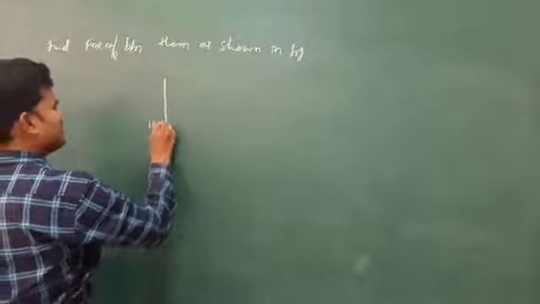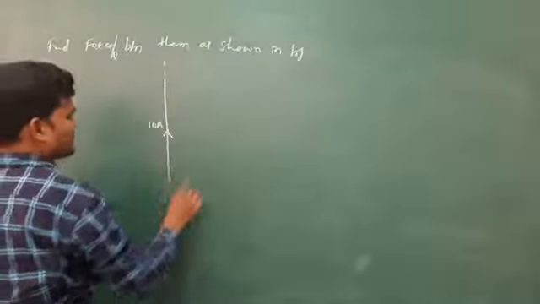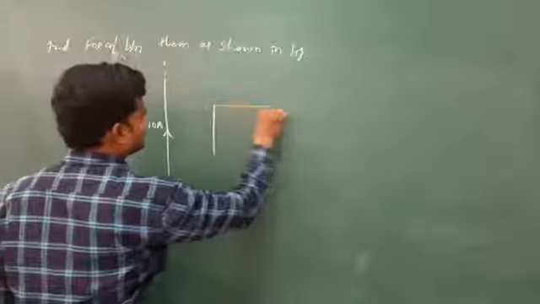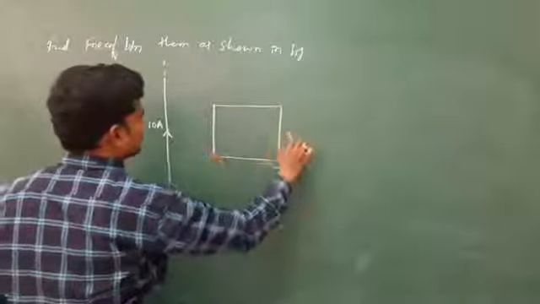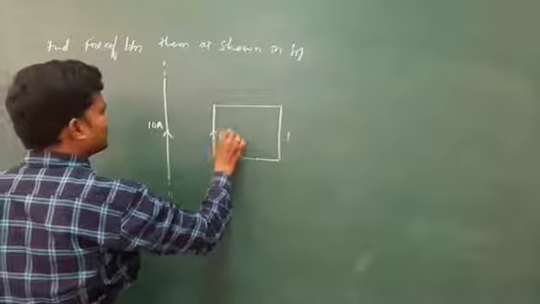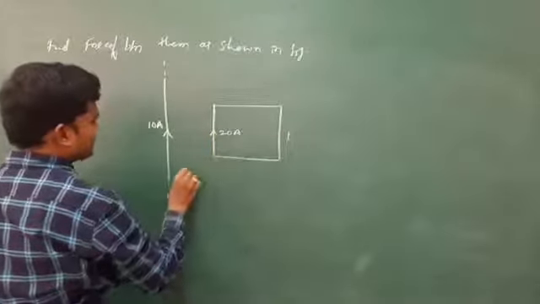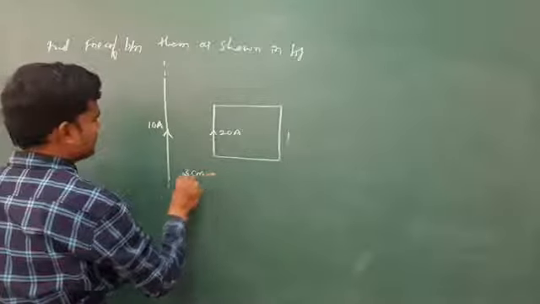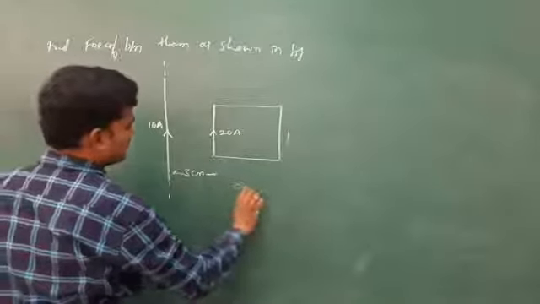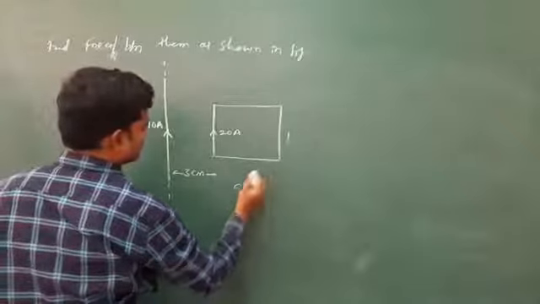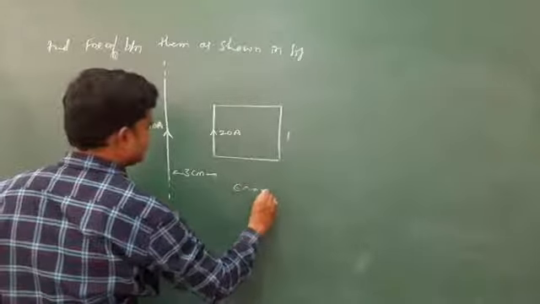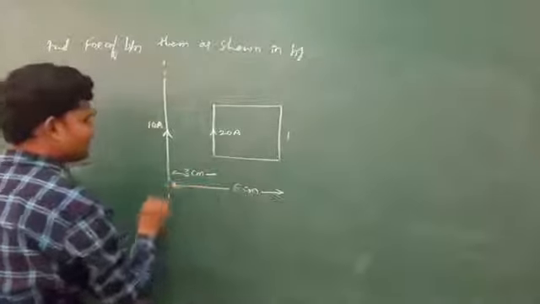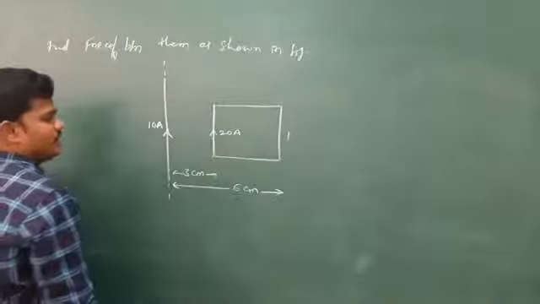See, this carries 10 ampere current, and here only this length we have to find. It carries 20 ampere current. This is separated by 3 centimeter, and this is 6 centimeter from this wire. Okay.